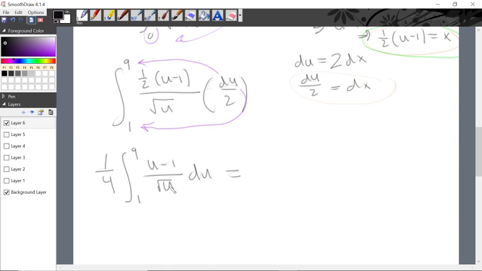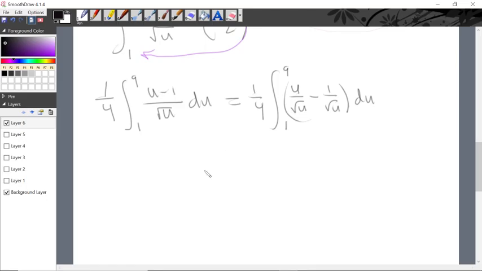Now we have a quotient here. But for this quotient, both of the terms of the numerator share the common denominator square root of u. So algebraically, we can split these up then: u over root u minus 1 over root u. And it does help in this case because it gives us power functions.